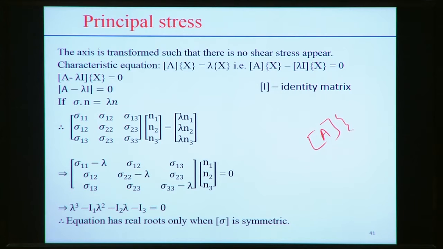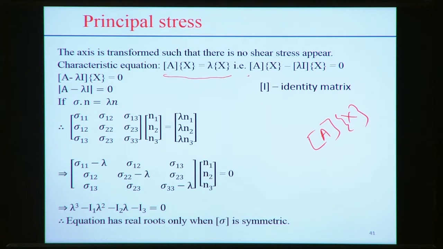First, suppose the stress state is defined by the matrix A, and x is the variable here. Now we can define the characteristic equation such that Ax equals lambda x. So the same state variable, but multiplied by some constant lambda.